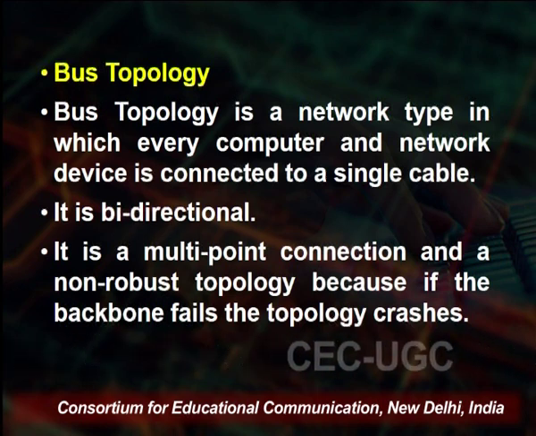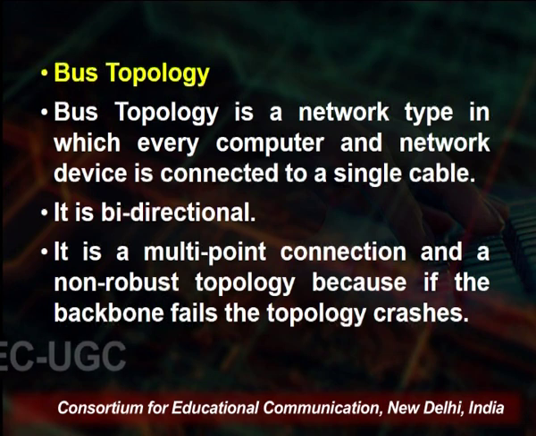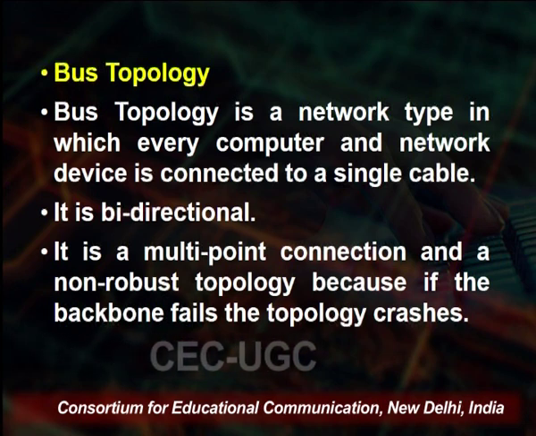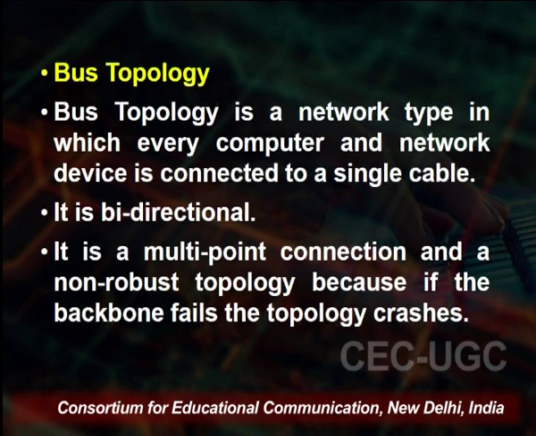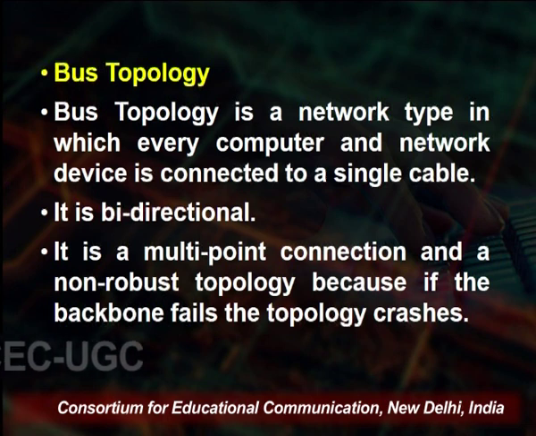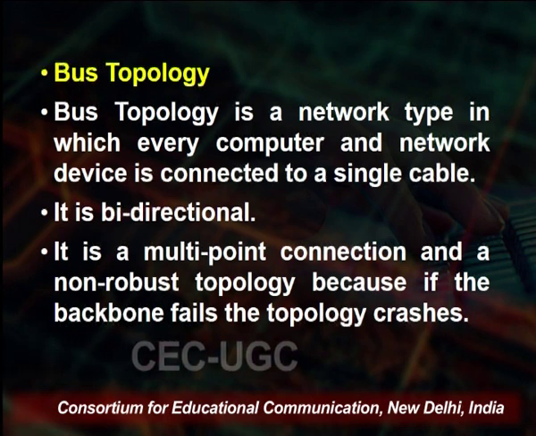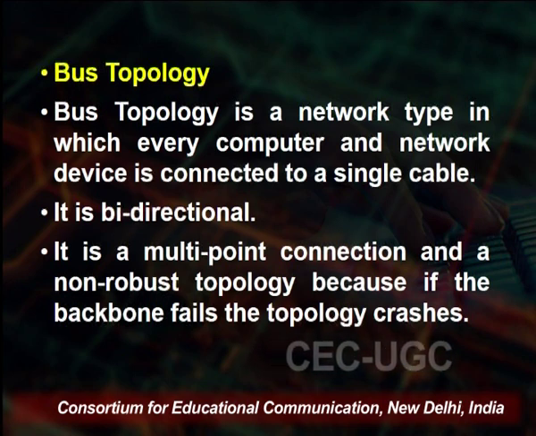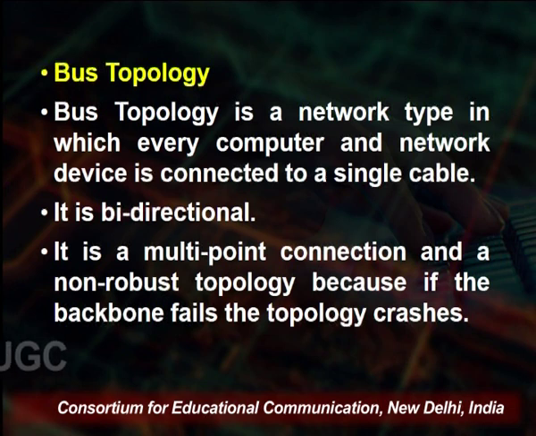That means the data can traverse from any of the ends of this bus or cable. Multi-point connection, non-robust because of the dependency on this backbone. If it fails, the whole topology crashes.